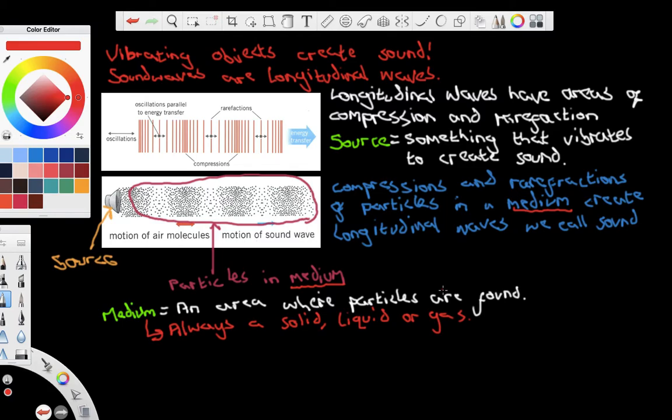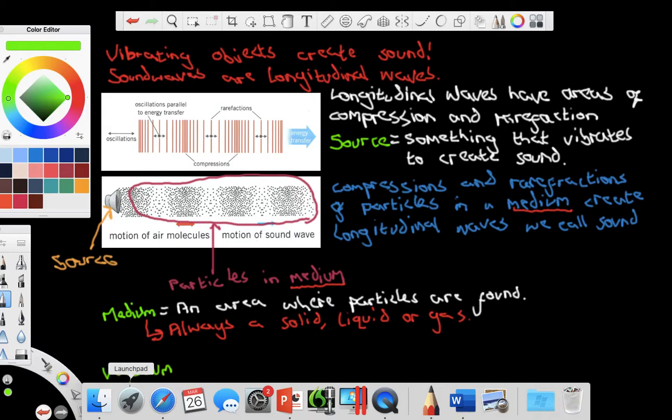Now, it's probably worth defining here that there are areas known as vacuums. Now, in a vacuum, there are no particles. So, a vacuum, V-A-C-U-U-M.